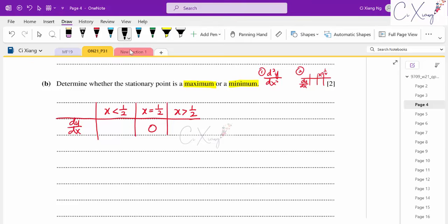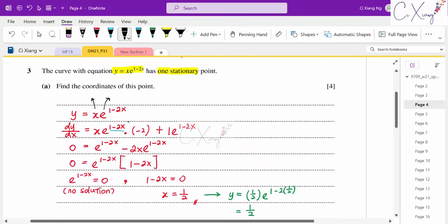Okay, so what you can do now is use a value close to half but smaller than half. So let's say half is 0.5, we can use 0.4. Substitute x equals to 0.4 into your dy/dx equation, which is this one.